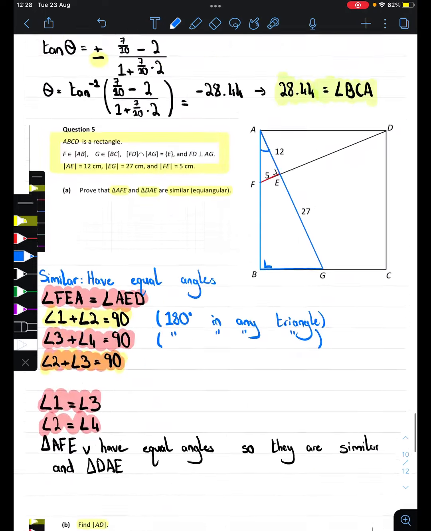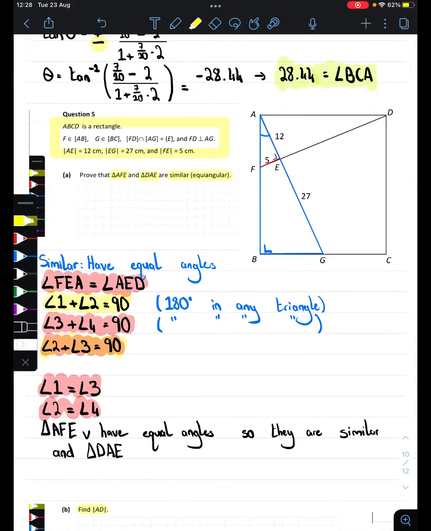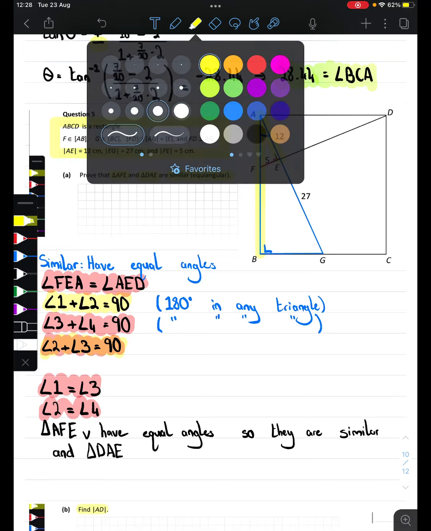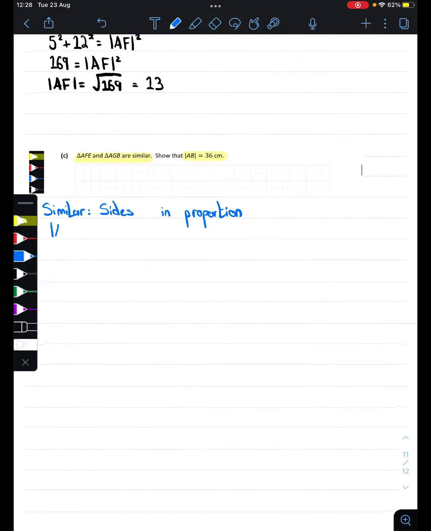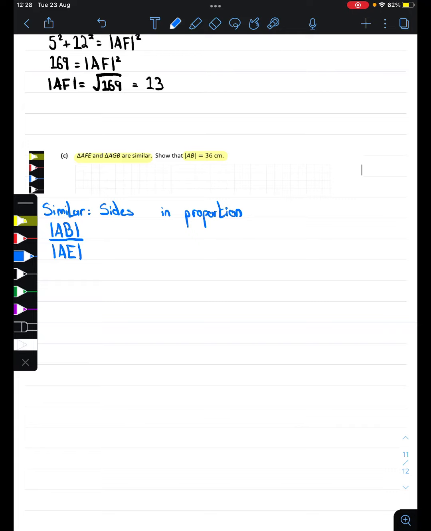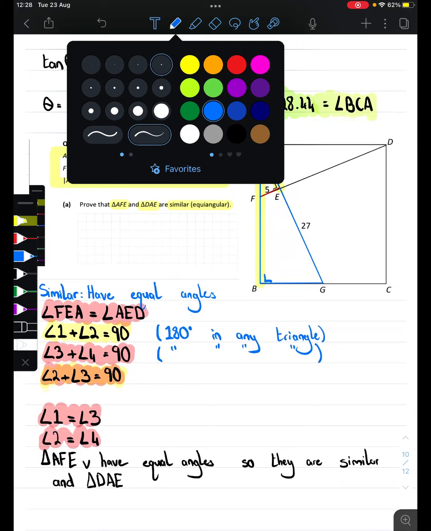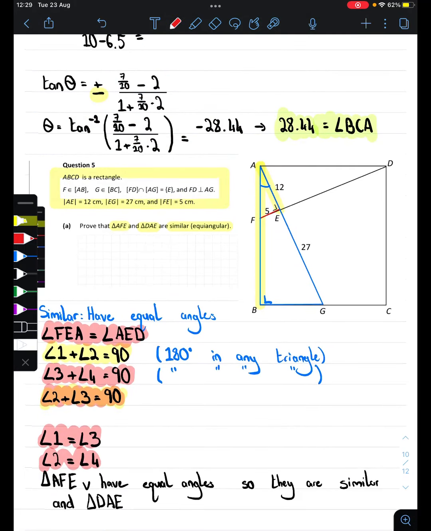So in this case, we're looking for AB. So AB is the side opposite the bigger angle that's not the right angle. So AB over AE, the sides opposite the bigger angle that's not a right angle, should be equal to the hypotenuse AG, the side opposite the right angle, over the other hypotenuse.